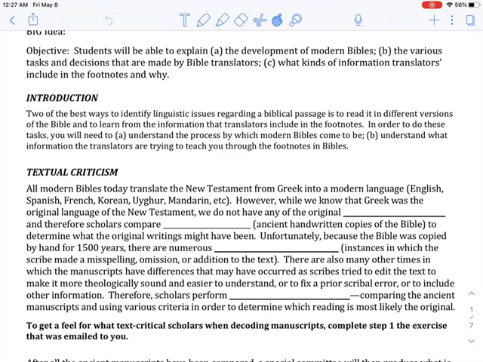All modern Bibles translate the New Testament from the Greek into a modern language. This could be English, Spanish, French, Korean, Uyghur, Mandarin, etc. While we know that the original language of the Bible was Greek, we do not have any of the original autographs.